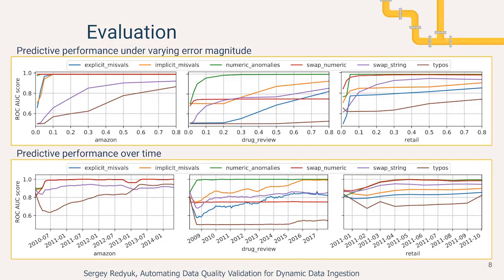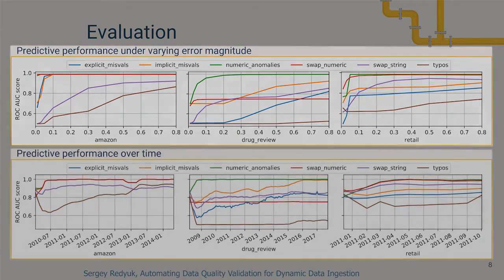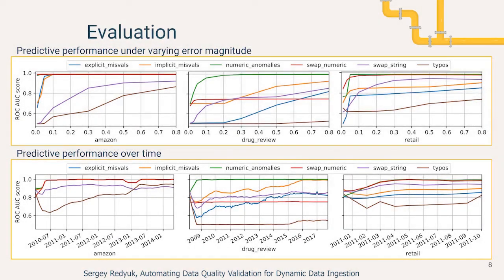Furthermore, we evaluate how well our approach performs depending on the error magnitude and when the training set grows over time. On 3 datasets with synthetically generated errors, missing values, numeric anomalies, swapped fields, and typos, we observe 2 patterns.